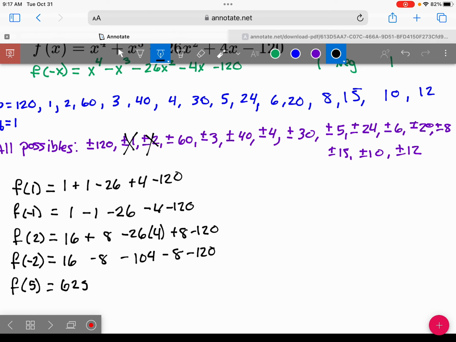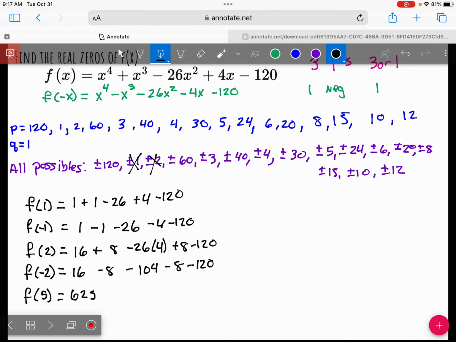All right, so then we're going to take our 5 times our x cubed. 5 to the 3rd gives us plus 125. Minus 26 times 25 gives us minus 650. Plus 20 minus 120.